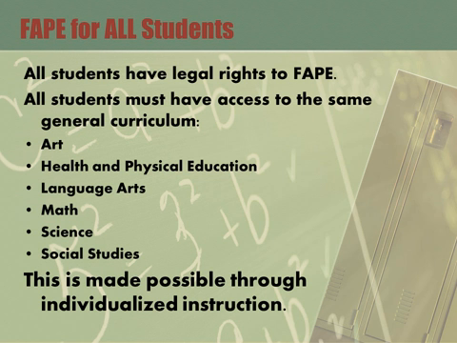They must have access to the same general curriculum. And that's in the area of the core academic areas: art, health and physical education, language arts, math, science, and social studies. And the only way that this is possible, the only way that we make sure that every student has access to the same general education curriculum is through individualized instruction. And that's where your job comes in.